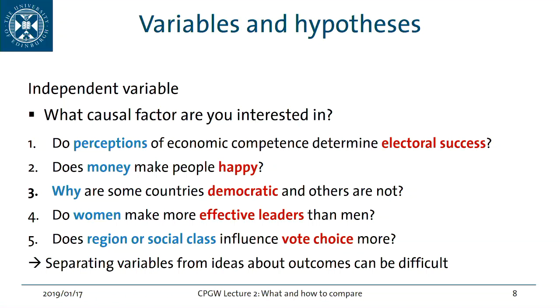Some of these questions, by the way, we're also going to encounter in the coming lectures. For example, the vote choice question might very well come up in a lecture on political parties or elections, of course, because that's one of the key questions that we've been asking in the last decades. Does region or social class influence your vote choice more?